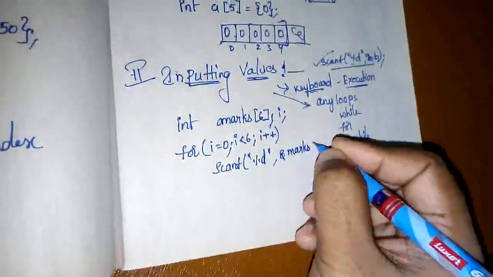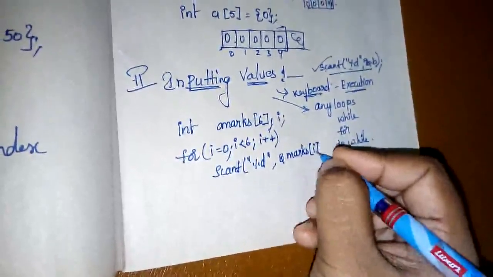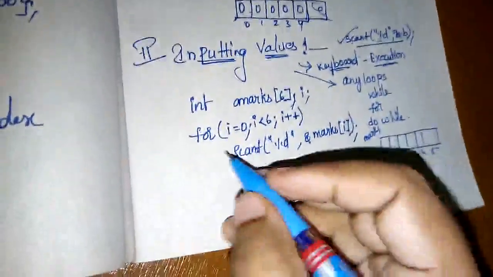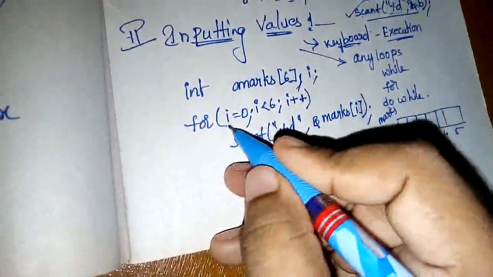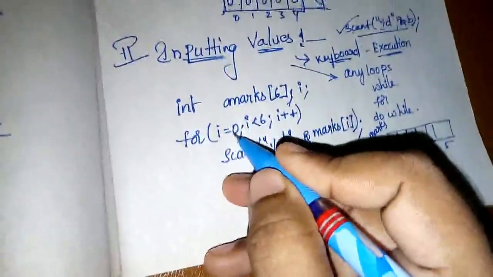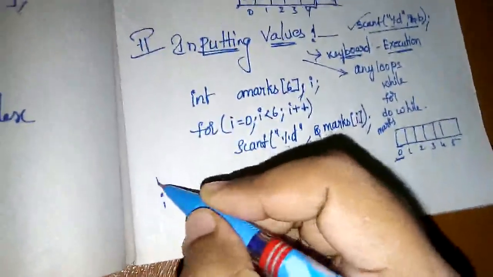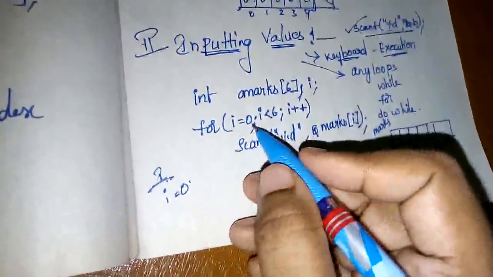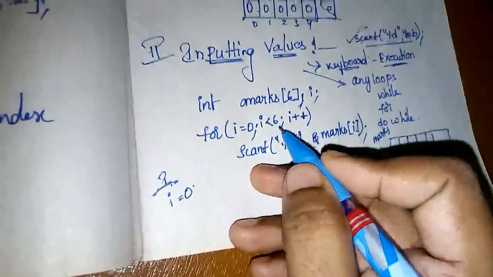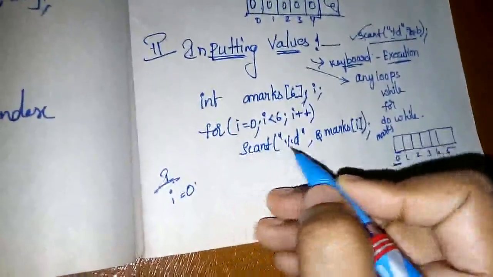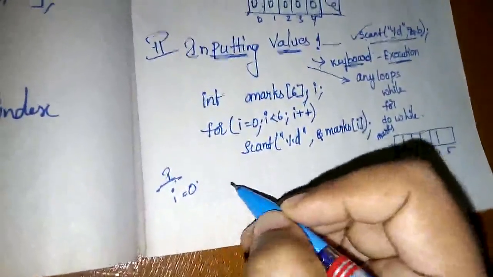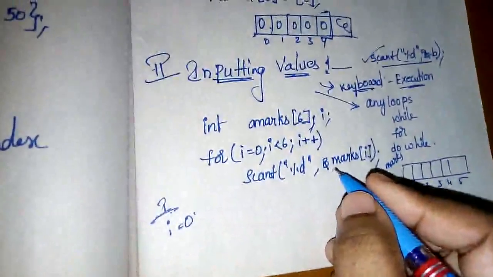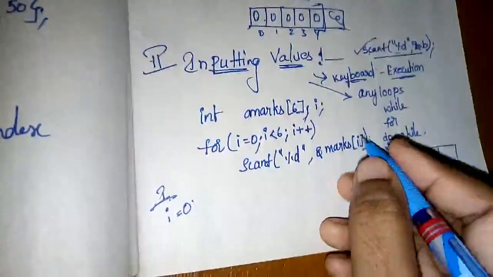marks of that index. So when you write like this, for the first iteration the value of i will be 0. So 0 less than 6, condition true, comes into the for loop. So the statement is scanf %d comma ampersand marks of i.